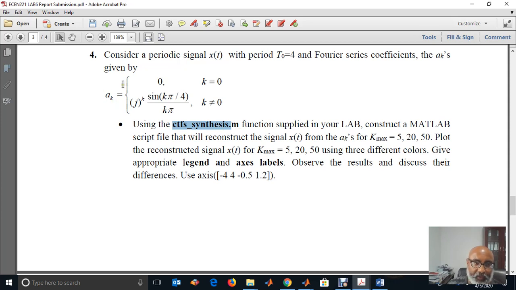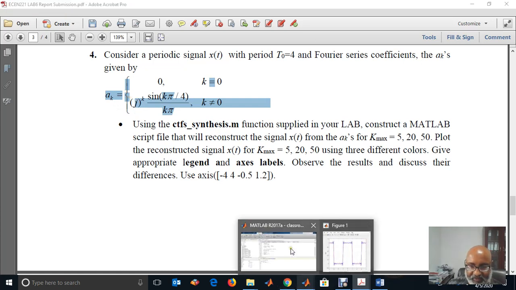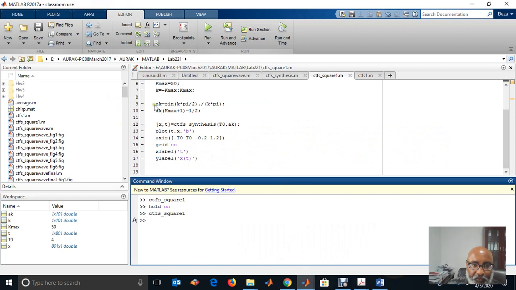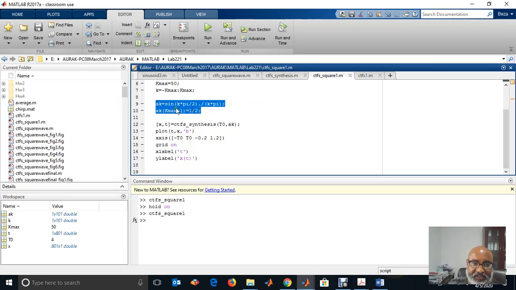But what changes you will make, you just define a_k. So for example, here in MATLAB, these two lines, you just change these two lines, a_k and a_k max plus 1.